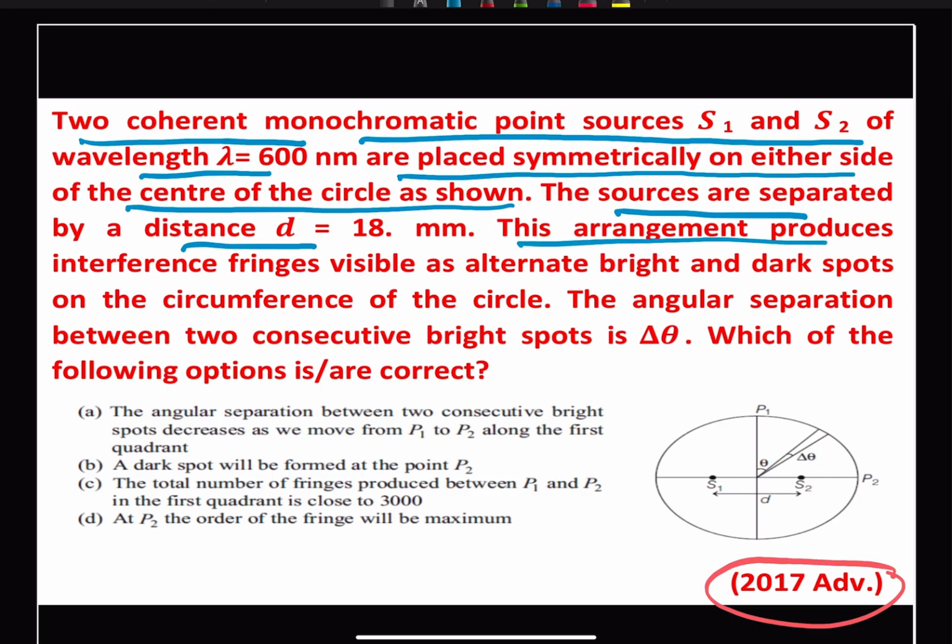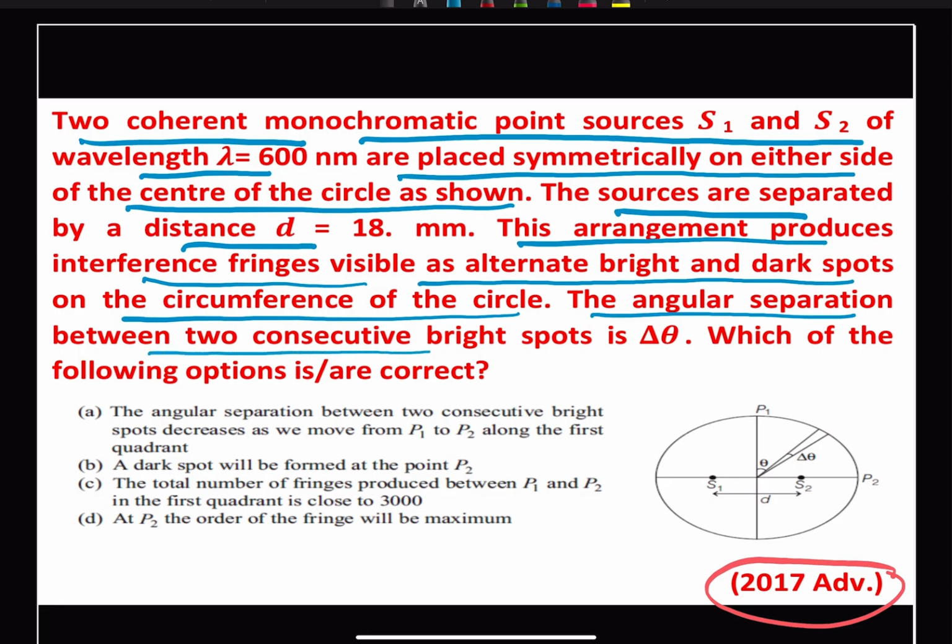This arrangement produces interference fringes visible as alternate bright and dark spots on the circumference of the circle. The angular separation between two consecutive bright spots is delta theta. Which of the following options is or are correct?